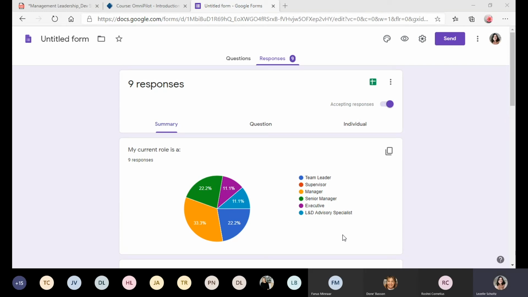While we're waiting for the responses, just noting that a third of our participants are managers. Then we also have a tie between team leaders and senior managers, and also executives and L&D advisory specialists.